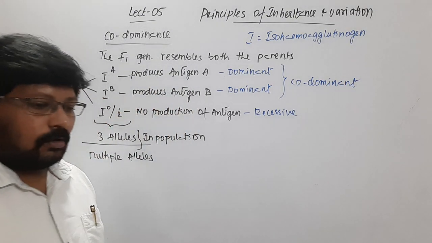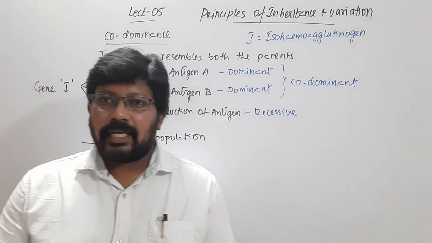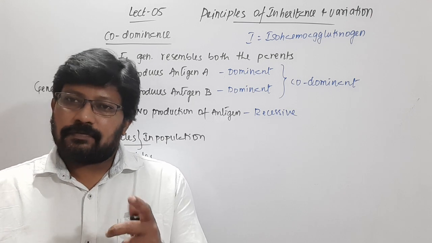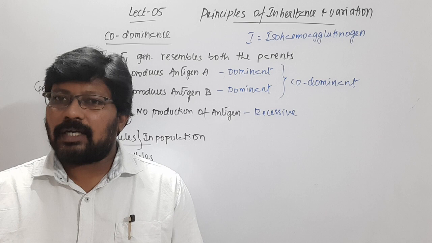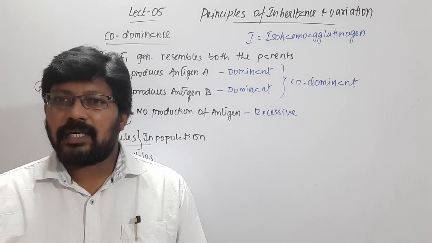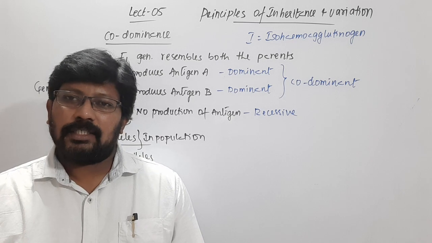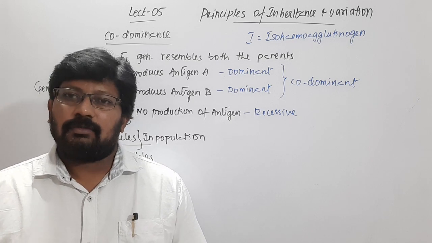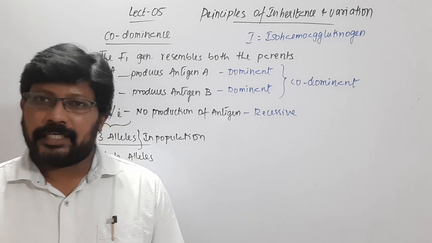In our earlier lessons, we have seen that out of two alleles, only one used to get expressed and one used to hide. The hidden one is what we called recessive, and the one which is expressed, we called dominant.